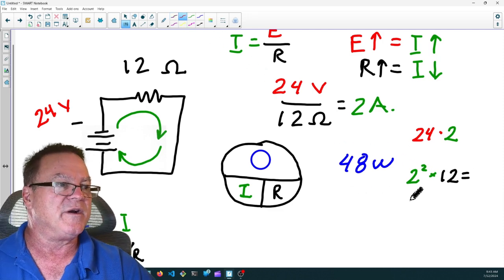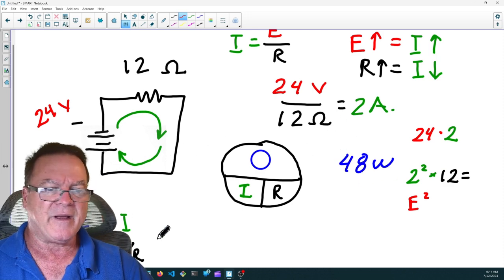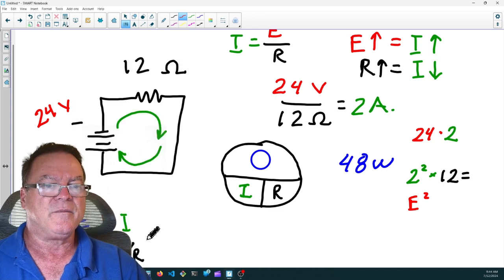Or I can say E squared divided by R. So 24 squared is, what is that, 576 divided by 12 ohms equals 48. Let me get my calculator. I want to make sure that I'm right. There we go.